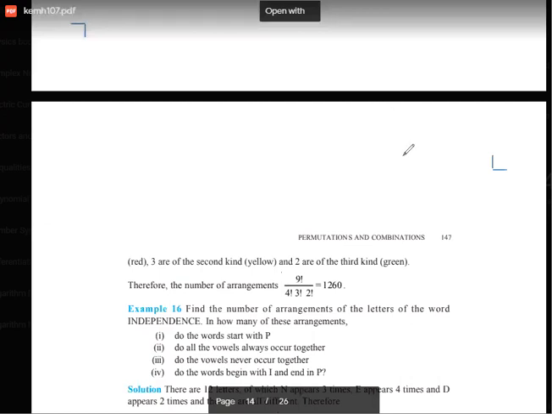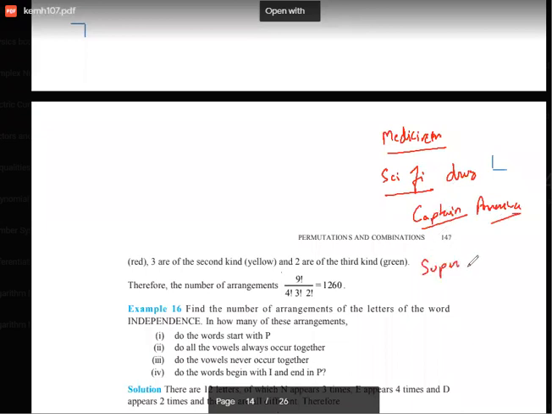Think about any medicine, or any sci-fi drugs or serum, like in the movies where they inject something. For example, Captain America. I hope all of you know Captain America. Now, what do you think, what was the super serum? What was it made of?